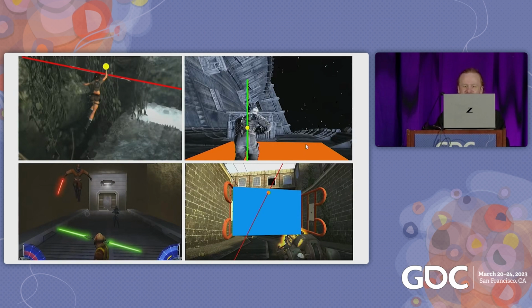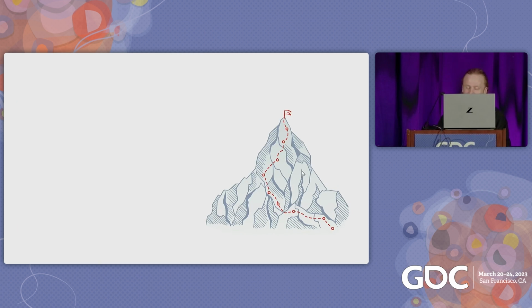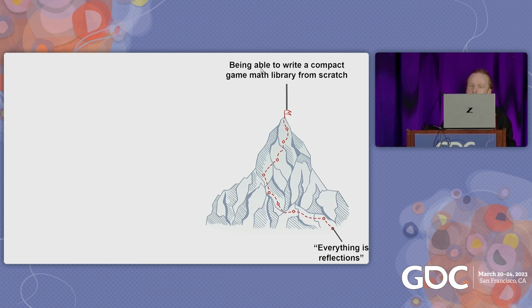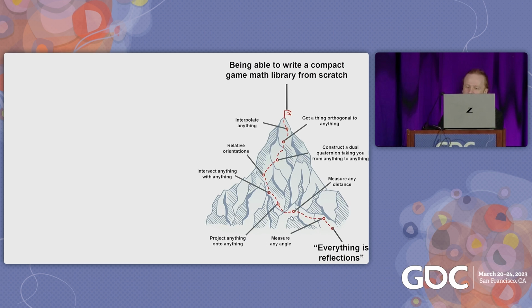But yes, in order to get there, we start by saying everything is reflections, and in order to climb to the top of the mountain, which is being able to write a compact game math library from scratch. Maybe some of you can already do this, but I bet that using reflection composition, it can be even more compact. You've got a lot of things coming at you along the way.